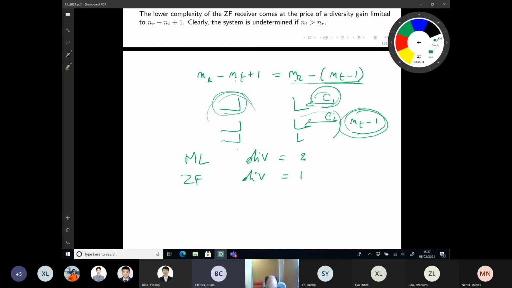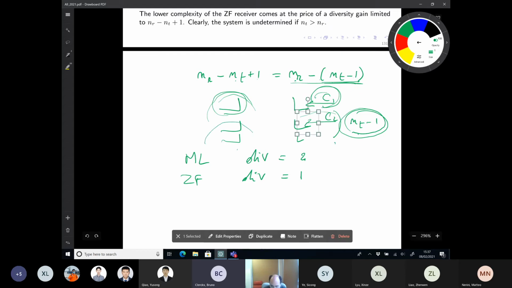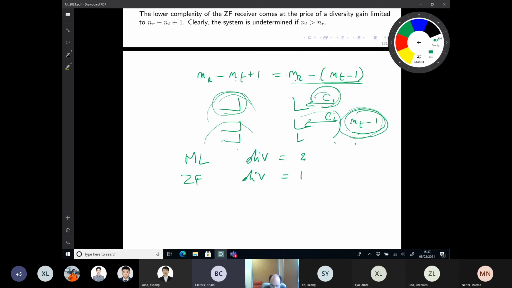This is the intuition behind it. Because you transmit multiple streams in parallel, you effectively use some of the receive antennas to cancel the interference coming from the other streams. This leaves only a certain number of remaining antennas that you can use to increase the diversity gain.